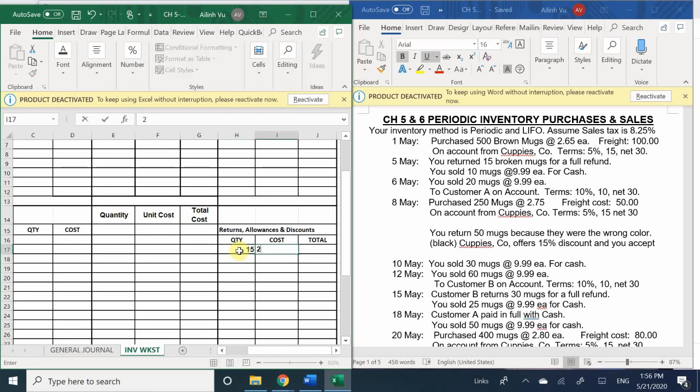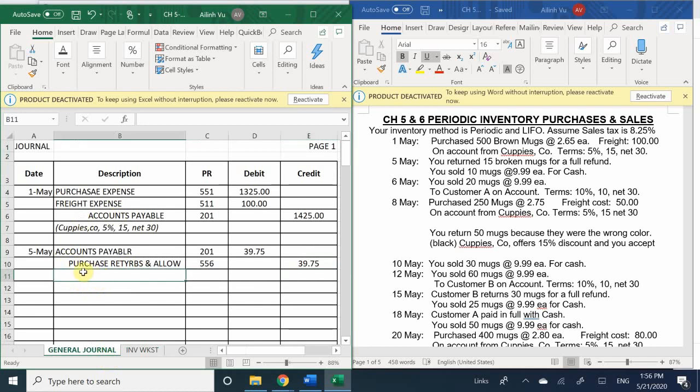And how much did it cost us per item? $2.65. Yes, and here we multiply it again, and it's $39.75. So that was a little tricky one. I'm going to go ahead and put my description in and say return 15 mugs.